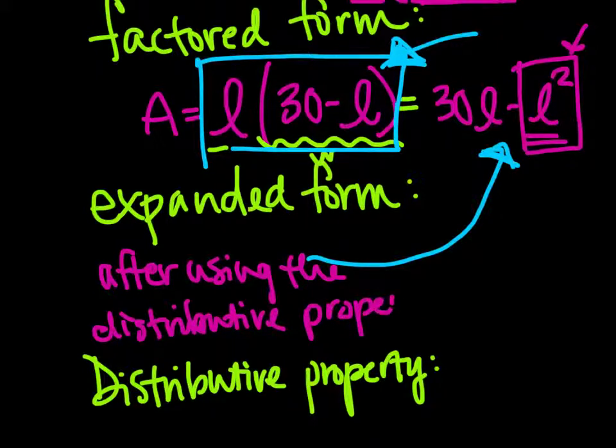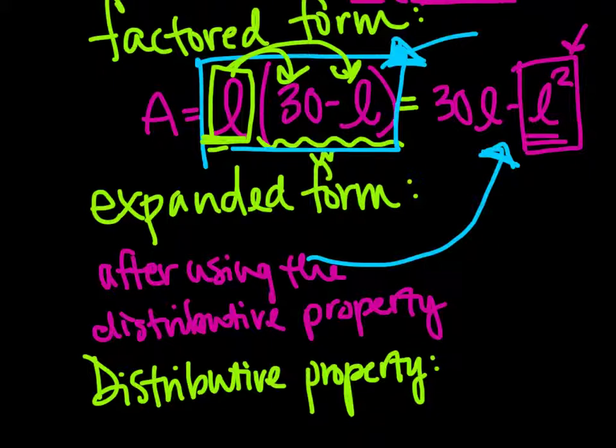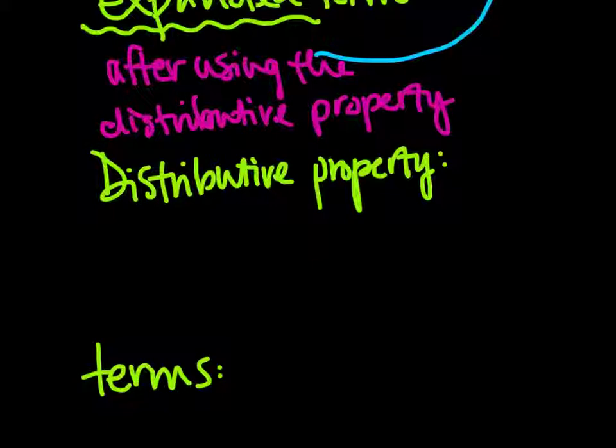So after we distribute this L that was multiplying both the 30 and the negative L, we get 30L minus L squared. That is the expanded form of the previous factored form of the quadratic expression. I just used 3 vocab words in one sentence. That was amazing.